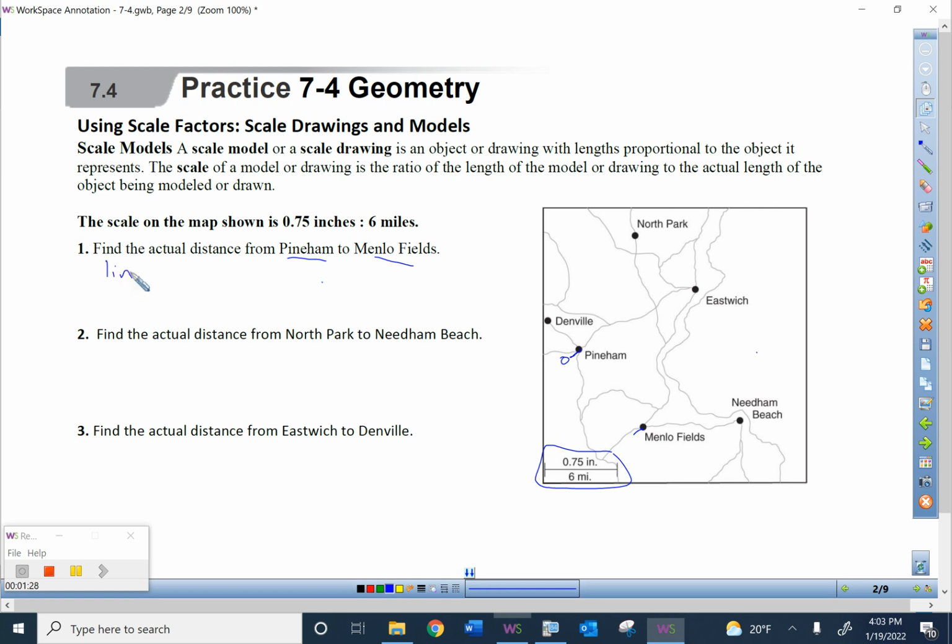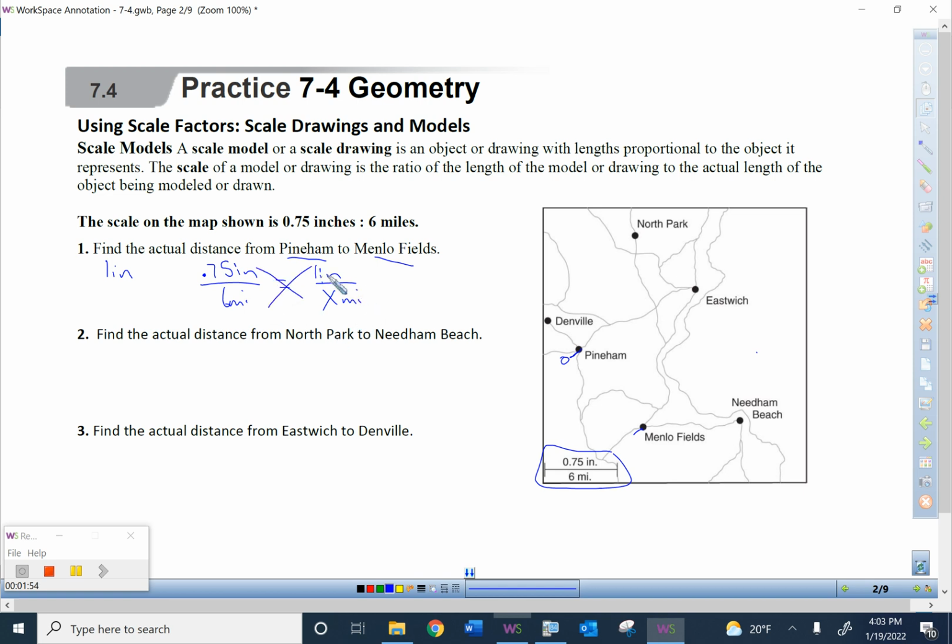Step 2 is actually using our scale that we're given to solve for the actual distance in real life. So take your 0.75 inches and put it over your 6 miles, just like you're given in your scale. We're going to set it equal to this 1 inch that we got on top, to match up over x to find the number of miles.